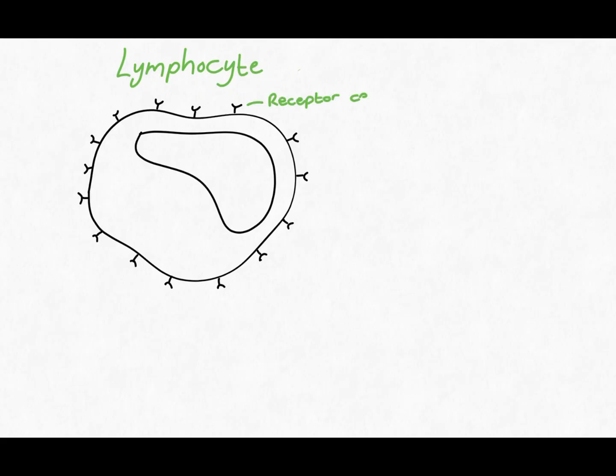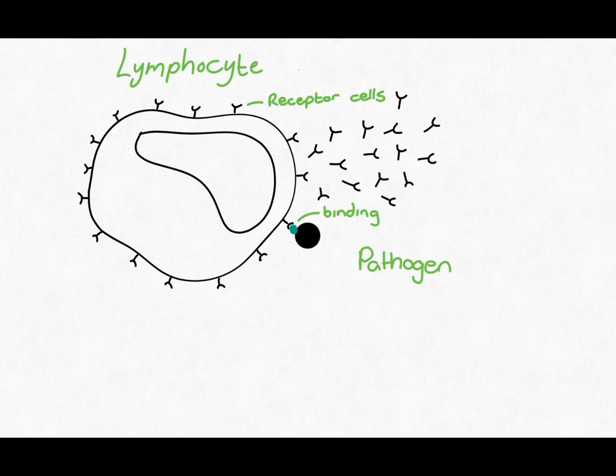When a pathogen enters our body, the pathogen will have an antigen on its cell membrane. When the pathogen encounters a lymphocyte, the lymphocyte will recognize the antigen and bind to it. It will then produce many antibodies that will be able to attach to many more pathogens by binding to their antigens.